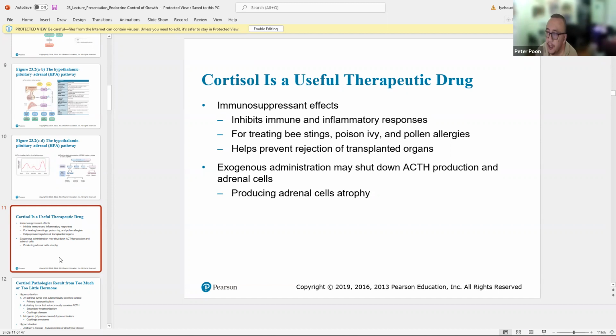So cortisol is great on the outside. I don't care how much cortisol you put on your skin, but if you take too much cortisol internally, it can shut down ACTH production.